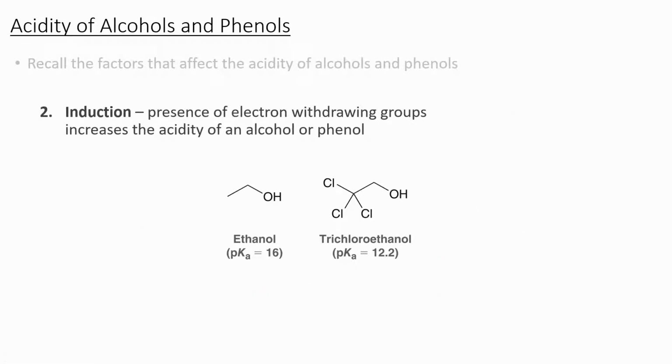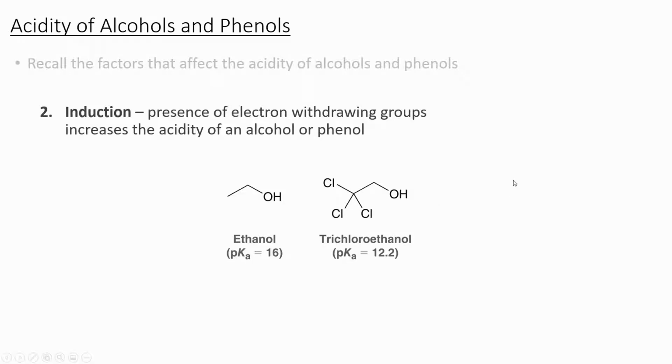Another mode by which we can explore acidity is induction. So induction is the presence of electron withdrawing groups, and the more electron withdrawing groups that we have, through the electronegativity difference between the chlorine and the carbon, there's a dipole moment in the direction of the carbon.